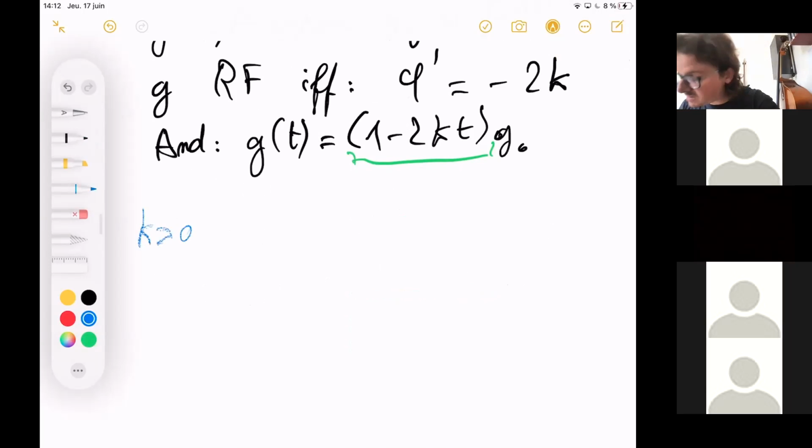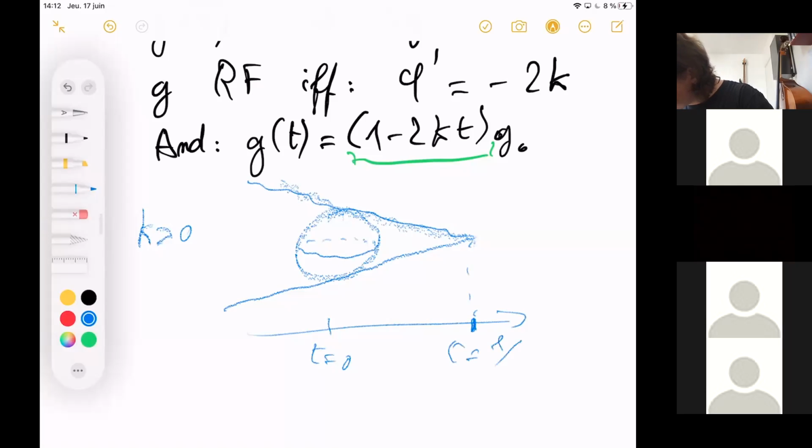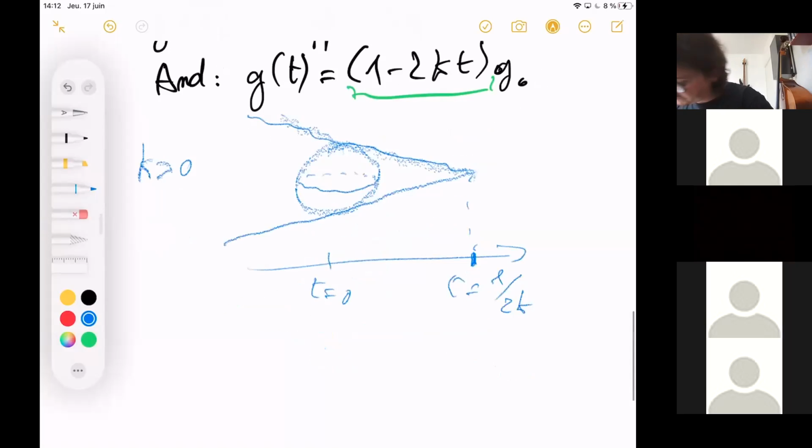If k is positive, what you have is a sphere, and this factor will be strictly decreasing. So we will be shrinking linearly our sphere from t equals 0 to t equal 1 over 2k.